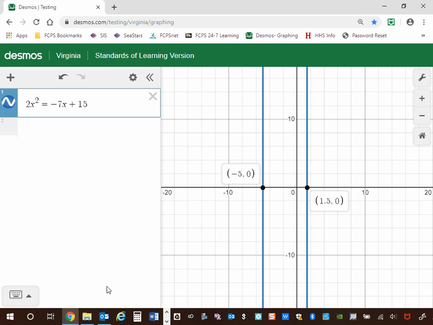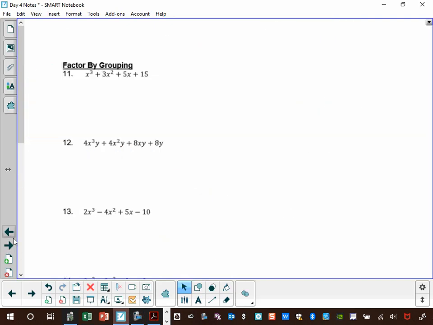Okay? When it says to factor by grouping, it's already set up for you on number 11, right? You don't have to figure out your factors. Because you have 4 terms, you just split them up. What's the GCF on the left side? It'll be x squared. GCF on the right side is going to be 5. When I divide, what do I get?